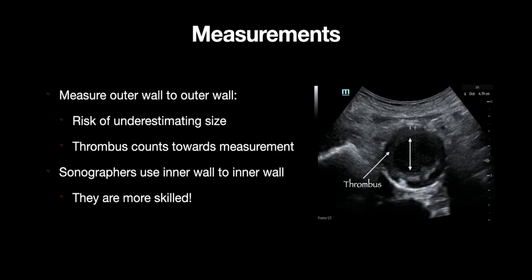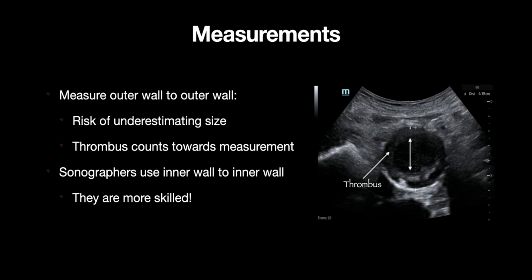So, just a little regarding measurements. It's important to remember that measurements should be taken from the outer wall to outer wall, and thrombus counts towards the measurement. In the picture we have here, the calipers show that this aorta, including thrombus, measures 4.19 centimeters.